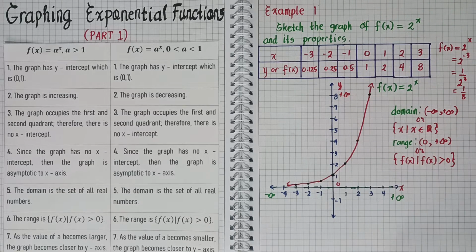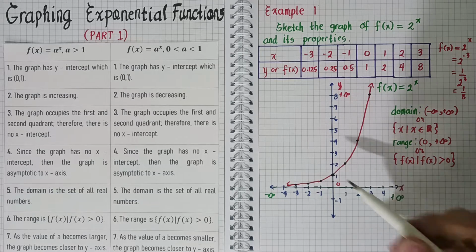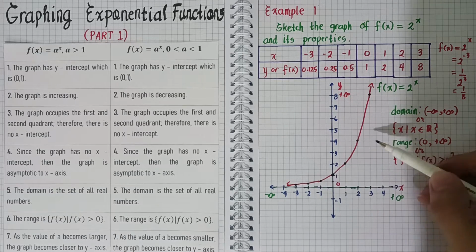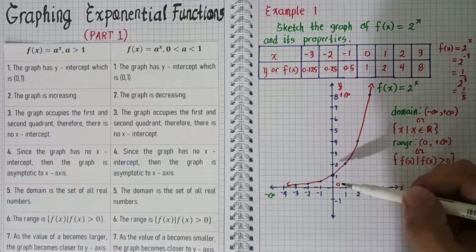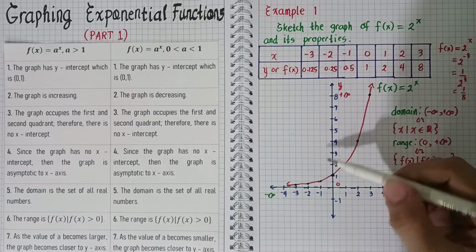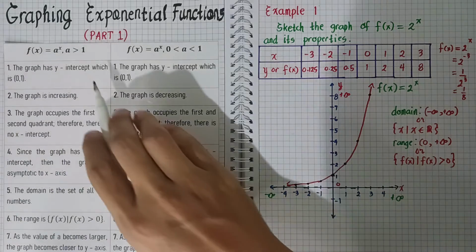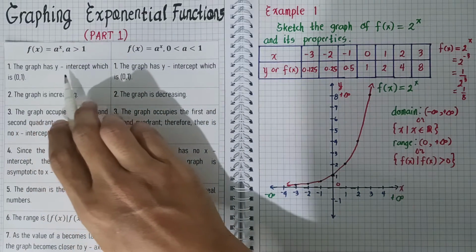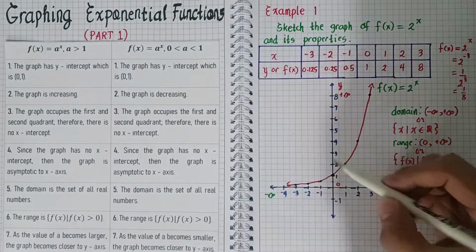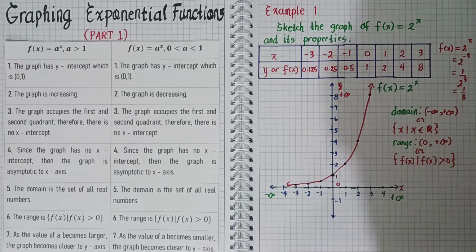Next, another property. Okay. What can you say about the graph? Okay, good job. Yung graph natin ay may intersection sa y-axis. Ito yon, which is 0, 1. Sabi nga natin dito, the graph has y-intercept, which is 0, 1.